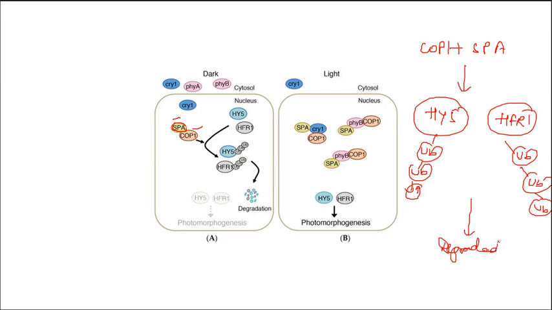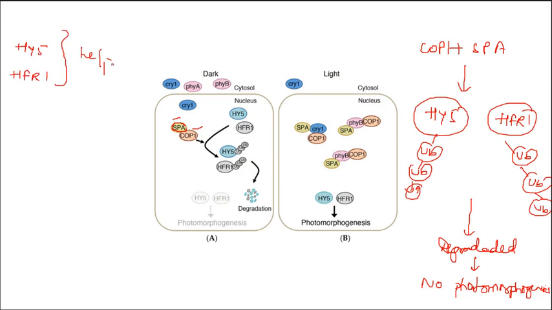So when these proteins are degraded, there is no photomorphogenesis. So we can say that HY5 and HFR1 help in photomorphogenesis. Okay, so when COP1 interacts with SPA, then this role is performed.